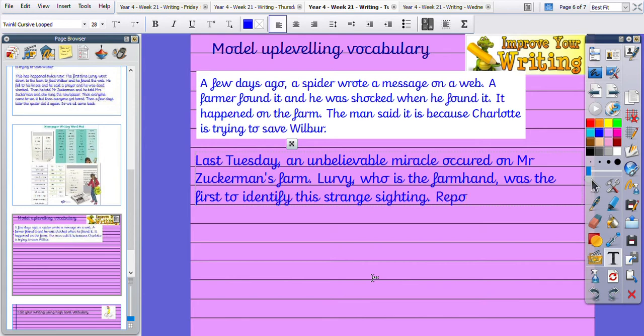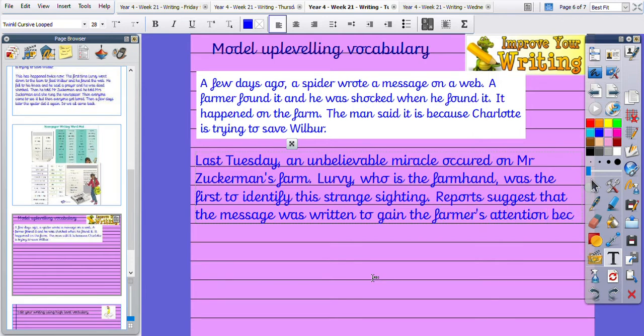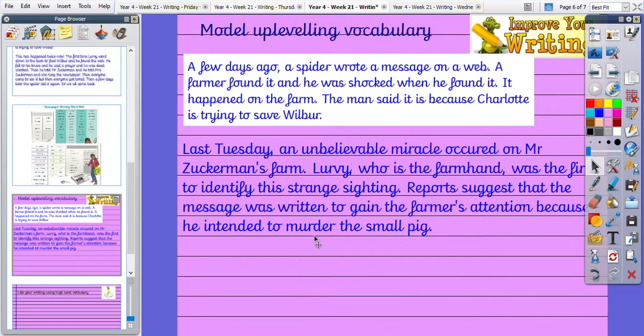We can use reports suggest that the message was written to gain the farmer's attention because he intended to murder the small pig.